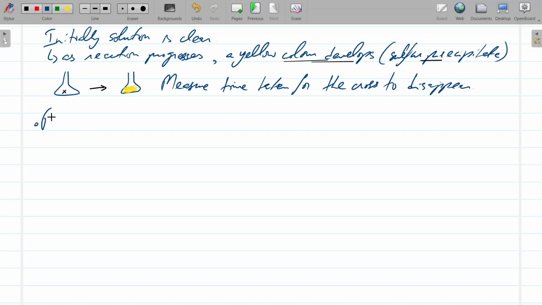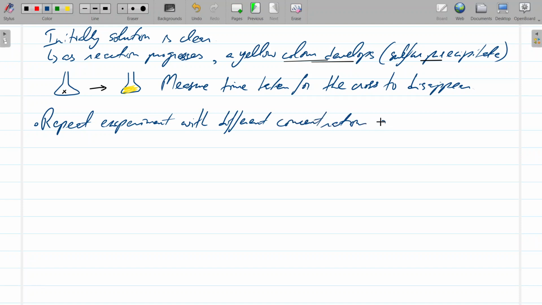Then they repeat the experiment, right, with different concentrations of sodium thiosulfate, so that's Na2S2O3, right? And then they time it as well, right?